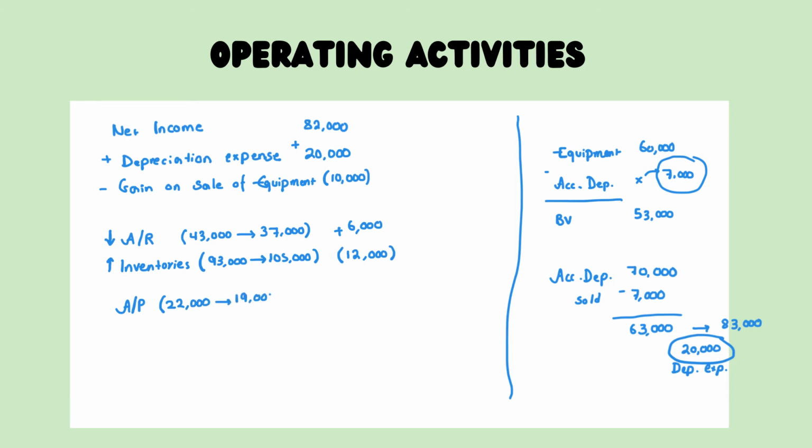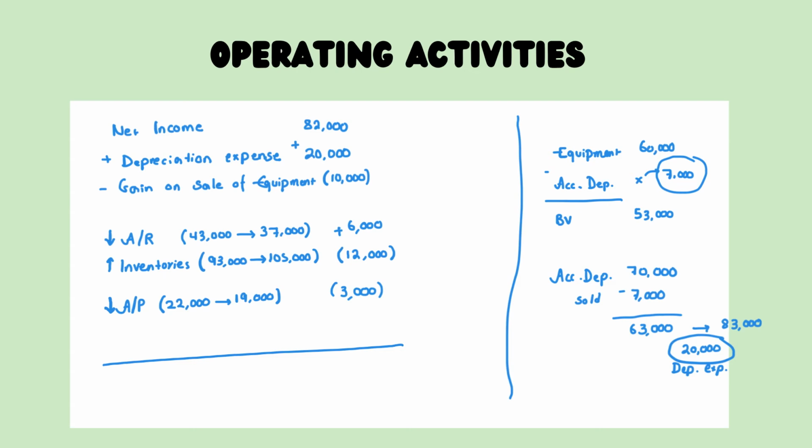So as you can see, it decreased. When liabilities decrease, it means cash will go down also, because I'm paying my debts. So it's gonna decrease by the difference, which is 3,000. Now let's see the total. 82 plus 20 less 10, it's gonna be 92.